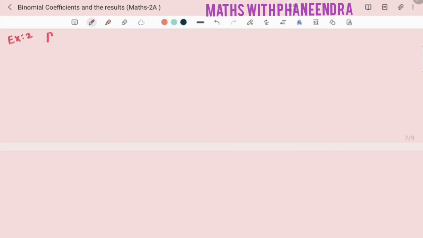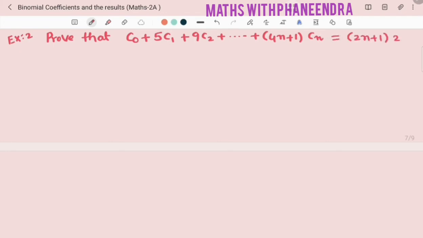Prove that C0 plus 5C1 plus 9C2 plus and so on (4n plus 1) into Cn is equal to (2n plus 1) into 2 power n.